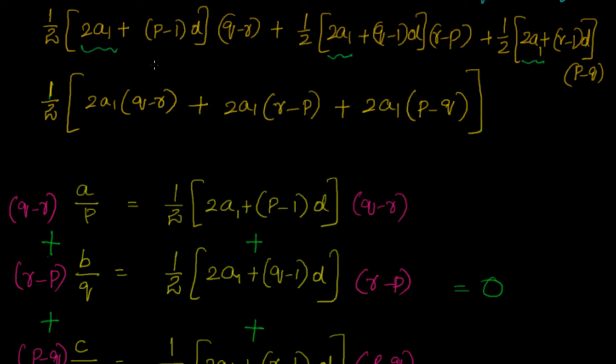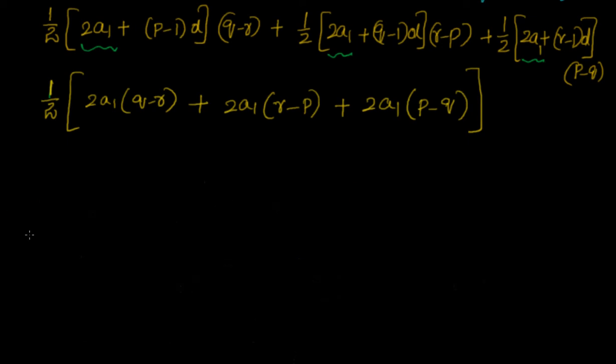That will take care of all the a1 terms. So then I am left with something else. That's about the a1 terms. Now I have something else to take care of, that is half into, I have taken a1 terms, now I have to take care of d terms. So what will be the d term?